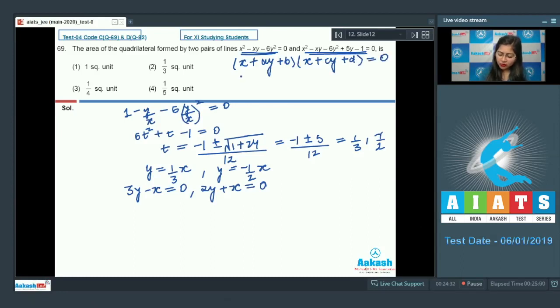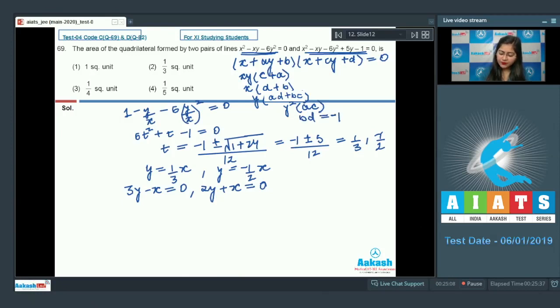The coefficient of xy is c plus a, the coefficient of x is d plus b, and the coefficient of y will be equal to ad plus bc. Similarly, we can find the coefficient of y square as ac and the constant, that is bd, is equal to minus 1.